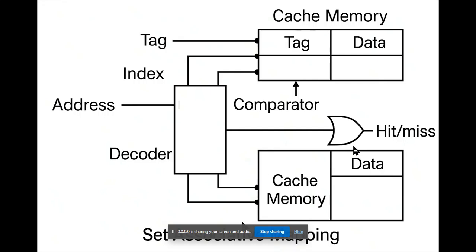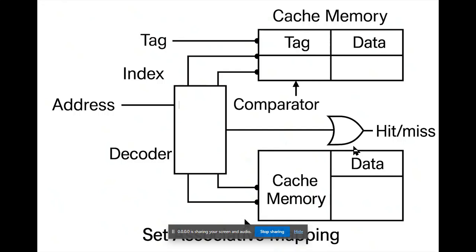Over here we have the set associative mapping, which is also one of the ways of transferring cache data. In set associative mapping, each block maps to a set of lines. The address splits into tag, set index, and offset.